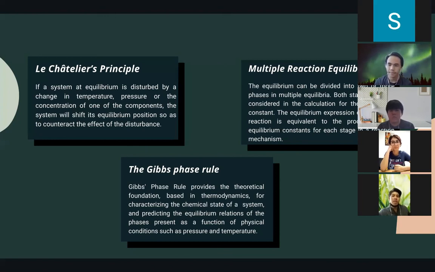This reaction can be divided into 2 or more stages in multiple equilibrium. Both stages must be considered in calculation for the equilibrium constant. And the equilibrium expression of the overall reaction is equivalent to the product of the equilibrium constant for each stage in a reaction mechanism.